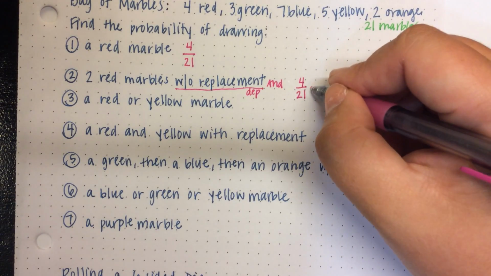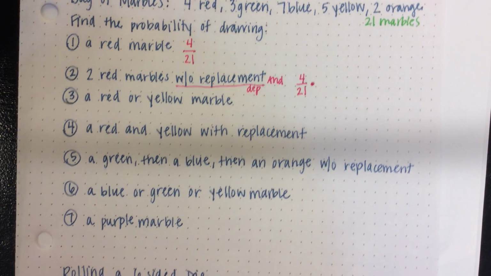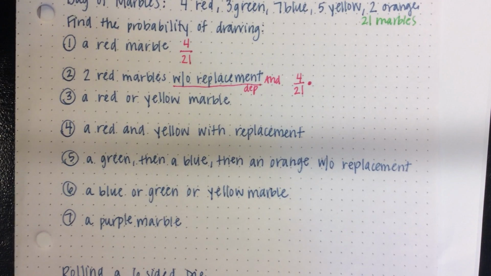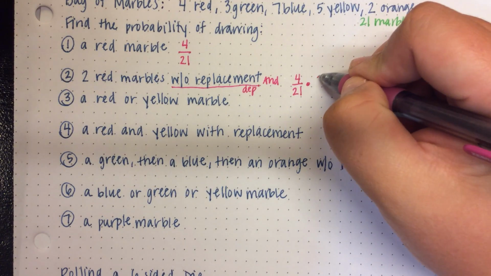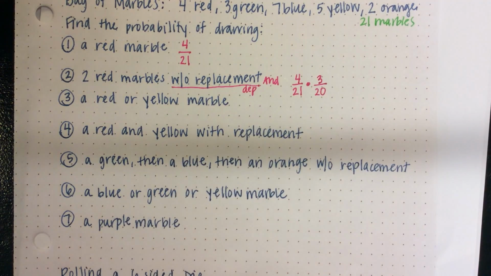I'm going to multiply because it's and. But to find the second marble, we're going to assume that I drew that first red marble out. So that one red marble is out of the bag. That means when I go to draw another red marble, I have 1 less marble, specifically 1 less red marble. So I have 3 red marbles in there out of 20 marbles that are left because I took out a red marble.